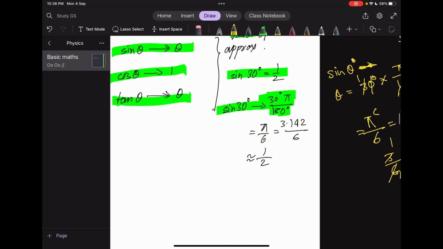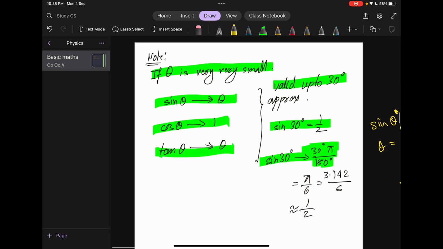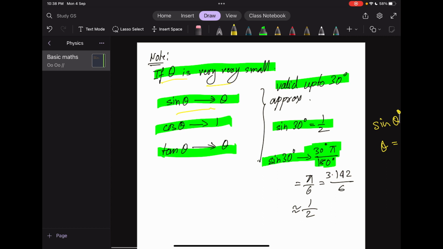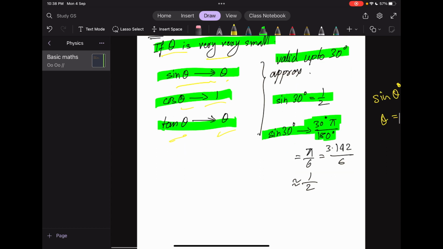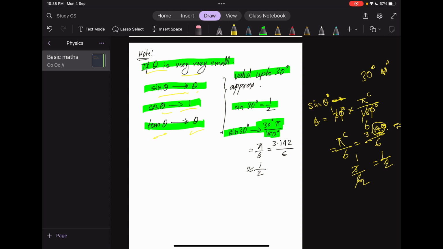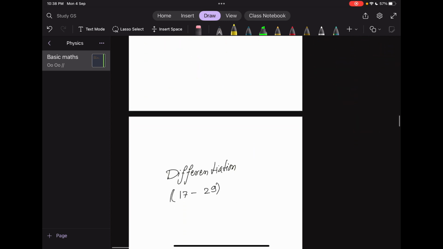So that's why if theta is very small, then sine theta is approximately equal to theta, cos theta is approximately equal to 1, and tan theta is approximately equal to theta. Okay, so here it is about trigonometry. Now we'll move into differentiation.